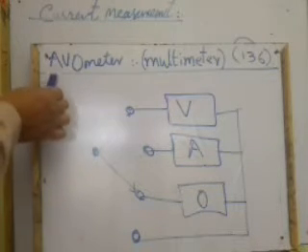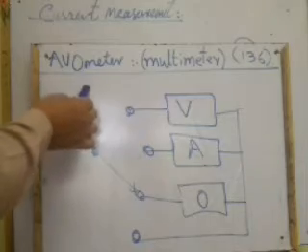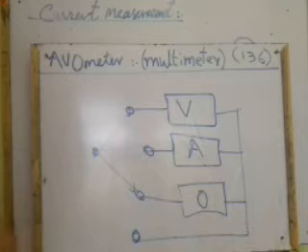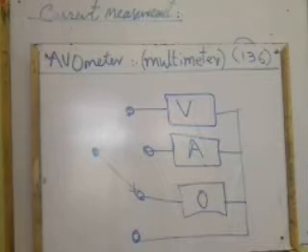A is used for ampere, V for volt, and O for ohm. So AVOmeter or multimeter is a compact circuit enclosed in a box which can measure the current, the voltage, and the resistance with the help of the same instrument.